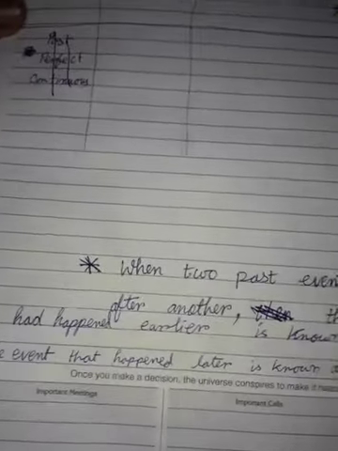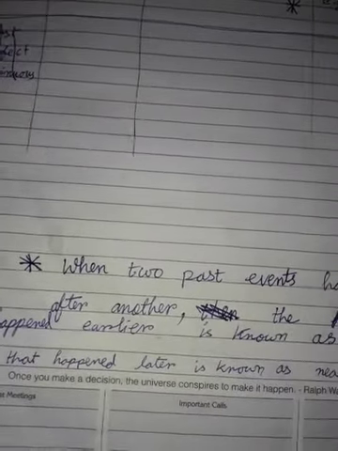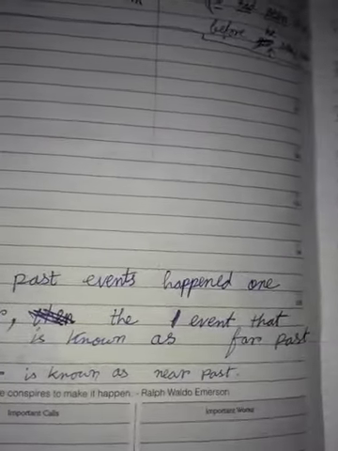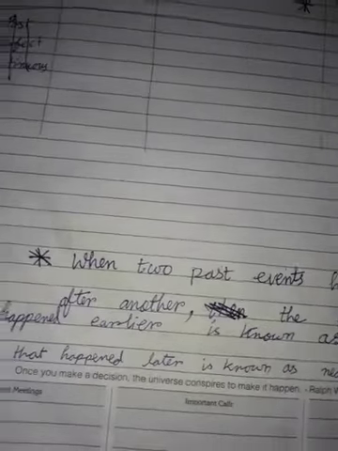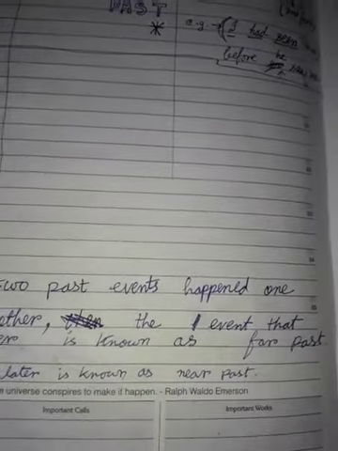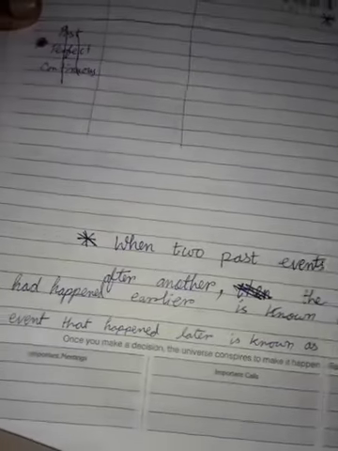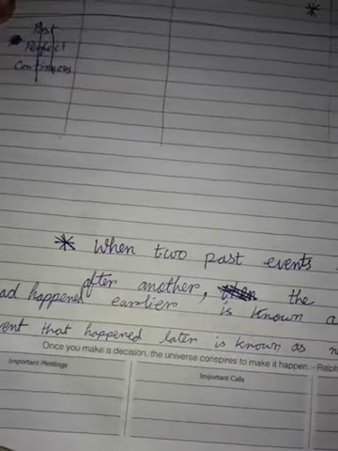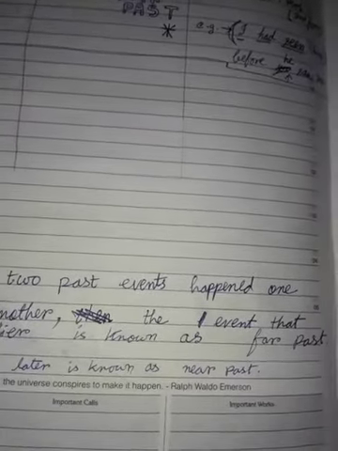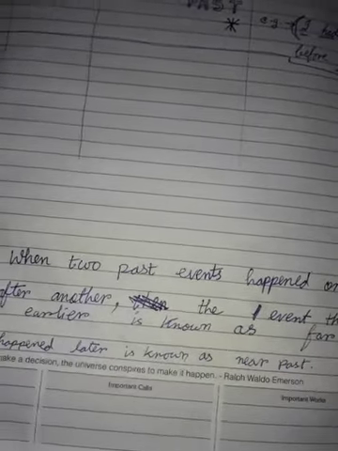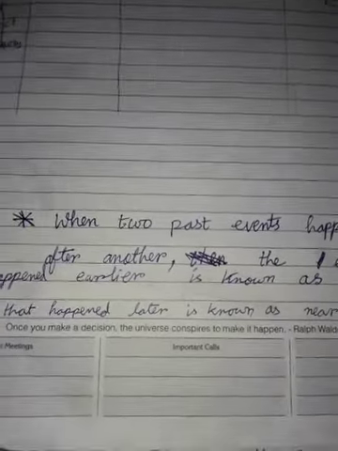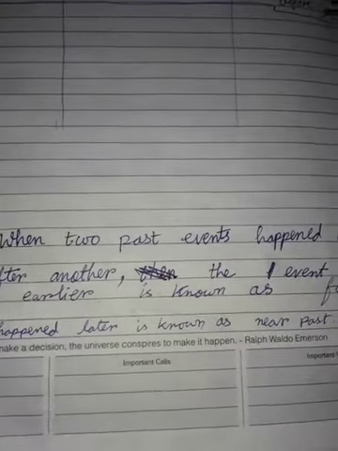The event that had happened earlier is known as far past. The event that happened later is known as near past.